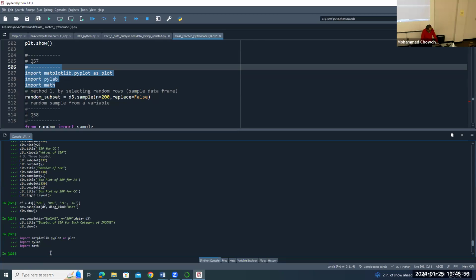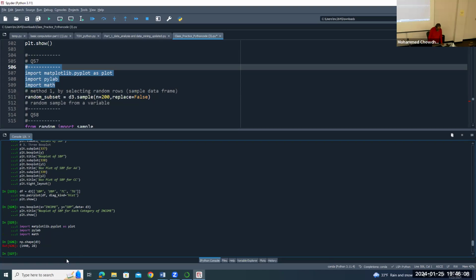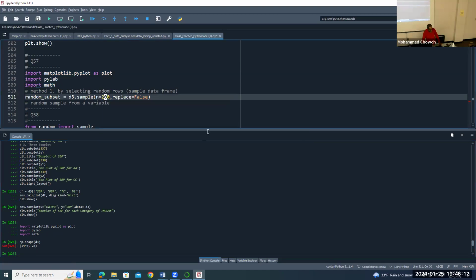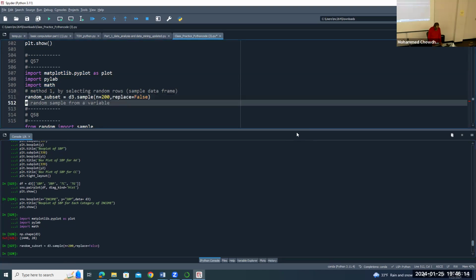For example, take a look at the D3 data. np.shape of D3. Okay, 1440. From there, I want to randomly select only 200 rows. How can I do that? This is the way I have selected 200 rows.